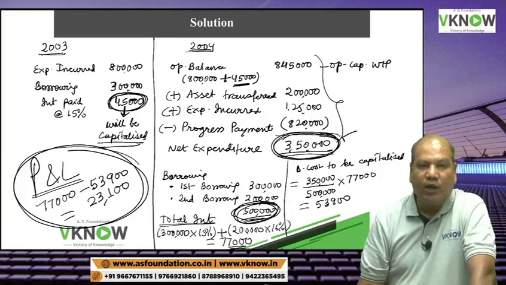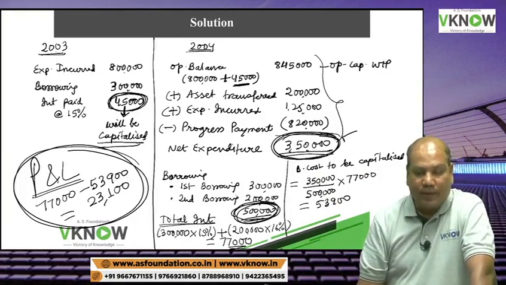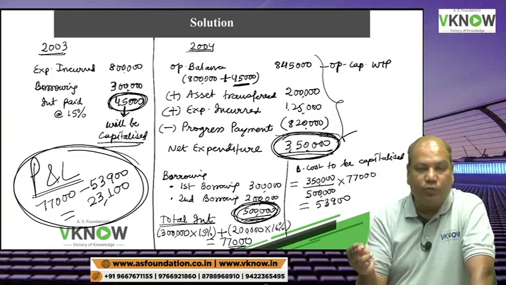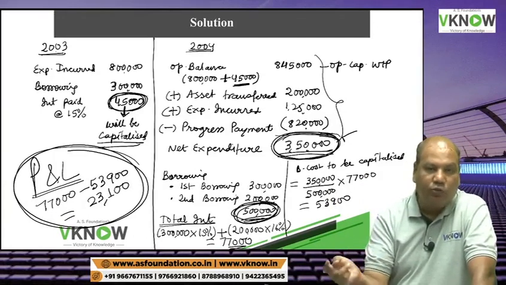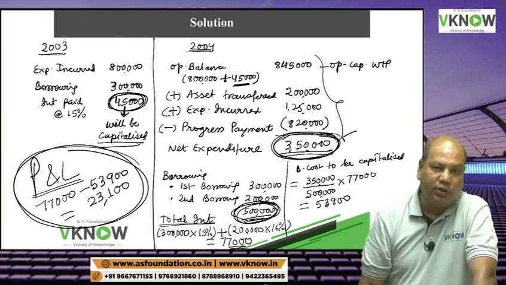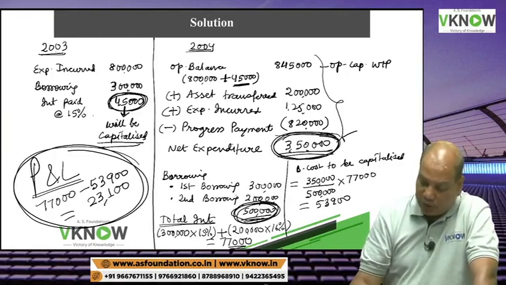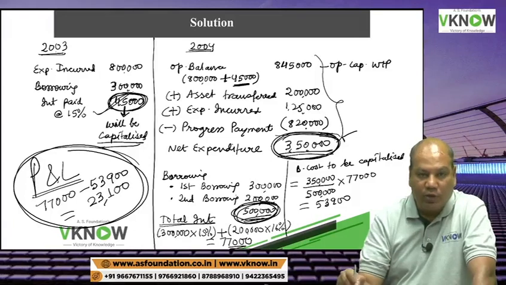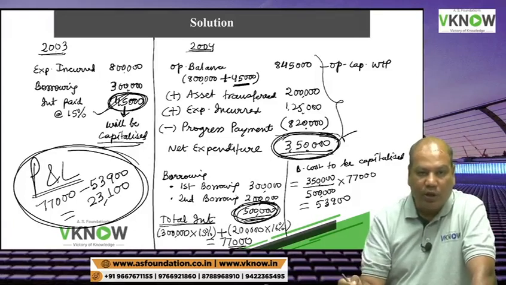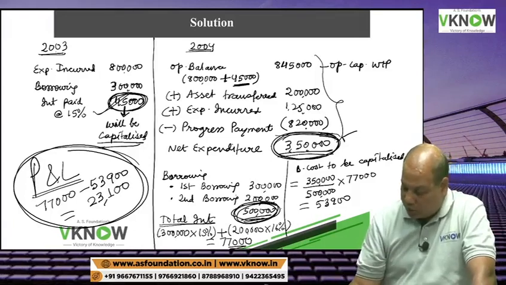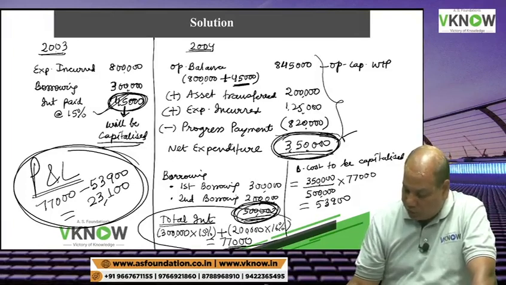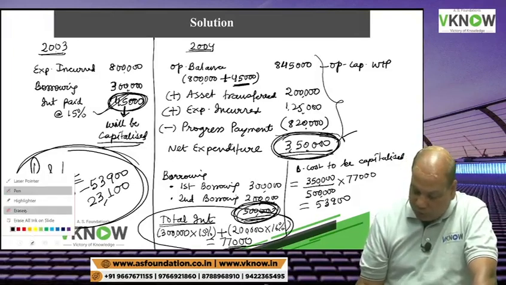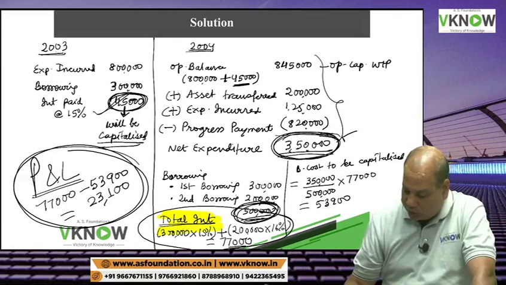So in your book I have written an assumption that it is assumed that interest of rupees 45,000 has already been paid in the last year. Since interest has been paid, in the calculation of total interest below, we will not consider interest on interest.